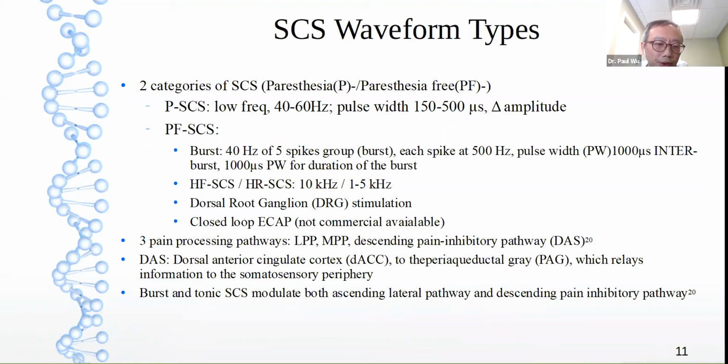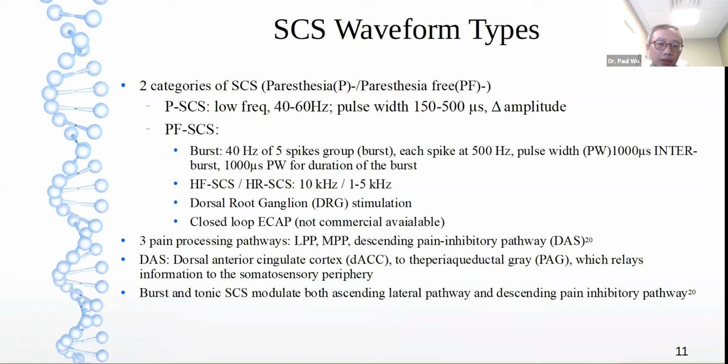Again, I mentioned before, there are 3 pain processing pathways: the lateral and medial pain pathways, as well as the descending pain inhibitory pathway, or anti-nociceptive system. In terms of the anti-nociceptive system, which I didn't mention before, the structures involved include the dorsal anterior cingulate cortex, which goes down to the periaqueductal gray, and that in turn relates to the somatosensory peripheral nervous system through the spinal cord itself.